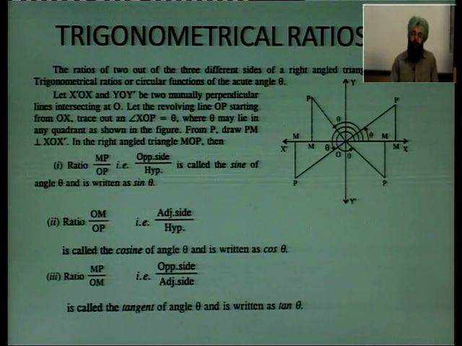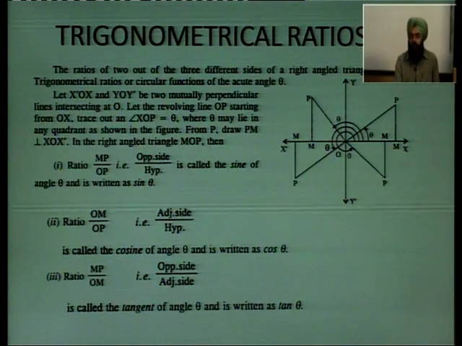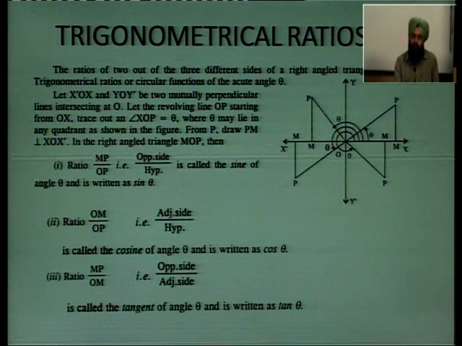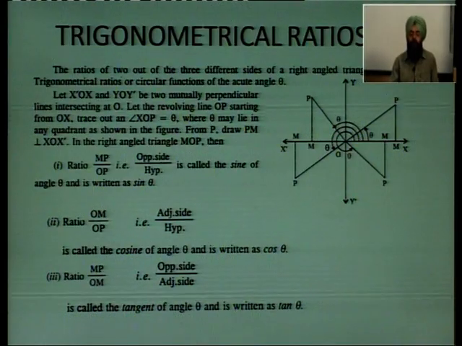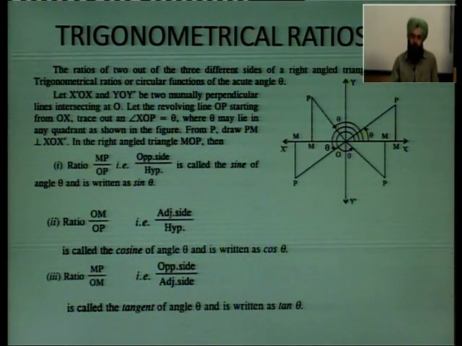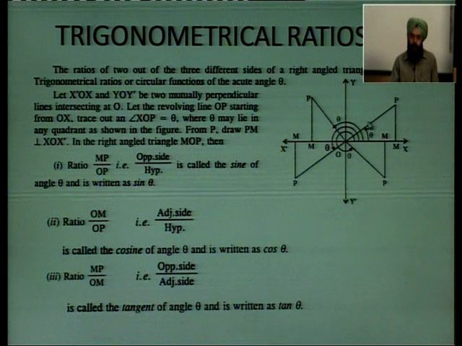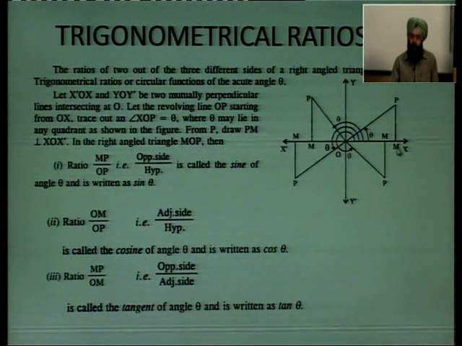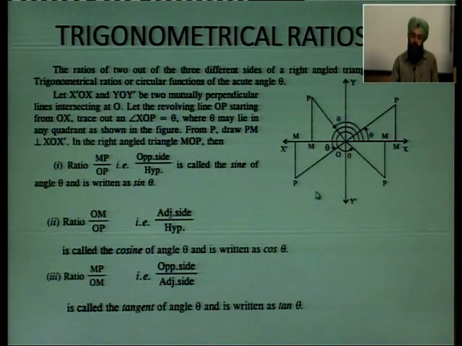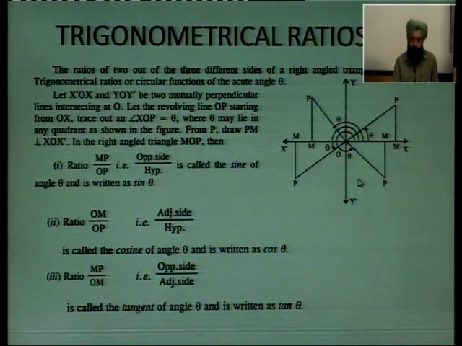The rest of the functions we can derive from these 3, because we know secant theta is 1 over cos theta, cosecant theta is 1 over sin theta and cotangent theta is 1 over tan theta. So, MP by OP is sin theta, OM by OP is cos theta and MP by OM is tan theta.